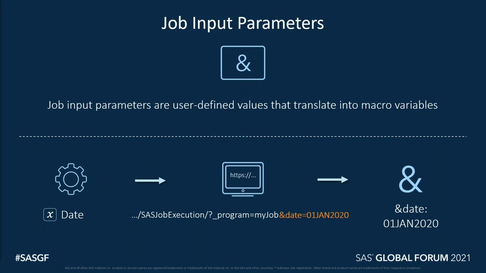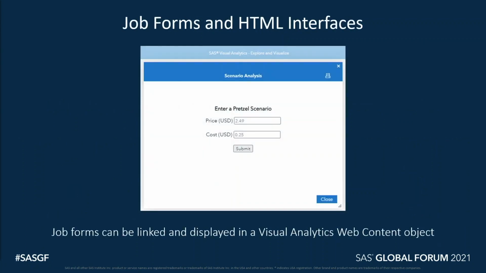Well, that's great and all, but is there a user-friendly way that people can do this instead of having to type stuff in a URL? The answer is yes. Jobs allow you to add forms and HTML interfaces to them, and these can be linked and displayed in a Visual Analytics Web Content object. And this is what brings it all together.